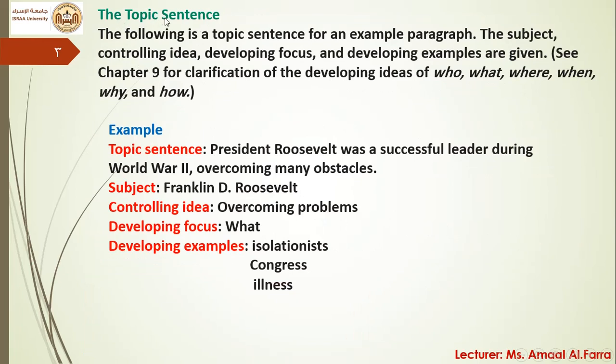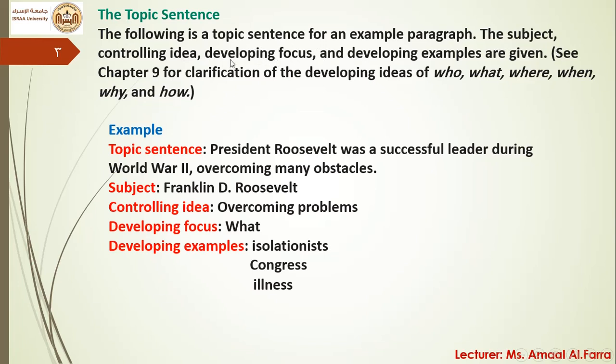The topic sentence. This topic sentence should be written in each paragraph, in each type of paragraph, whether it is descriptive, whether it is about using examples. You have to mention the topic. The following is a topic sentence for an example paragraph. The subject, controlling idea, developing focus, and developing examples are given.